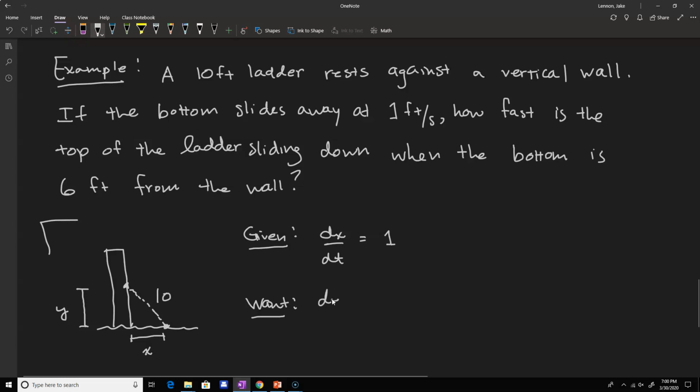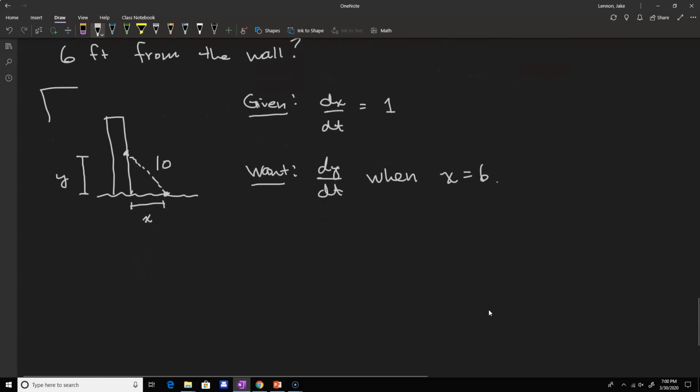So dy dt when x equals 6. So again, the Pythagorean theorem is going to relate them. So what is going on in the Pythagorean theorem this time? We have x squared plus y squared is equal to 10 squared. So notice x and y, the 2 legs of the triangle, are changing, whereas the hypotenuse 10 does not change.